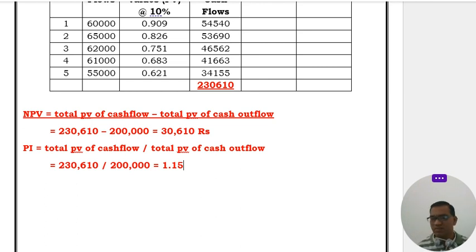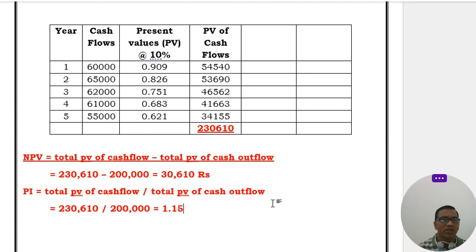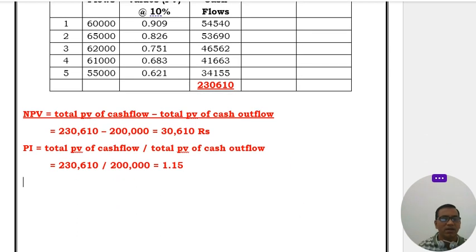So this is the answer for the PI. NPV will give you the value in amount, PI will give you the value in ratio. That is the only difference. So for this project we calculated NPV, we calculated PI, and then next is IRR.